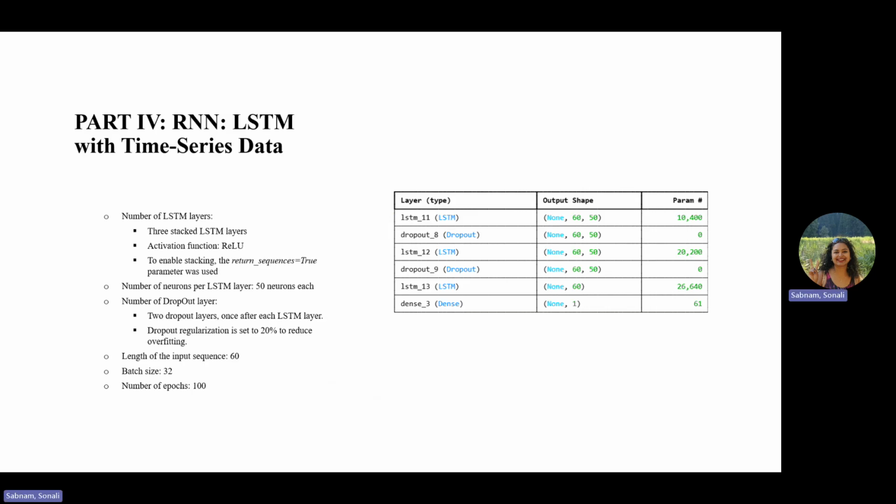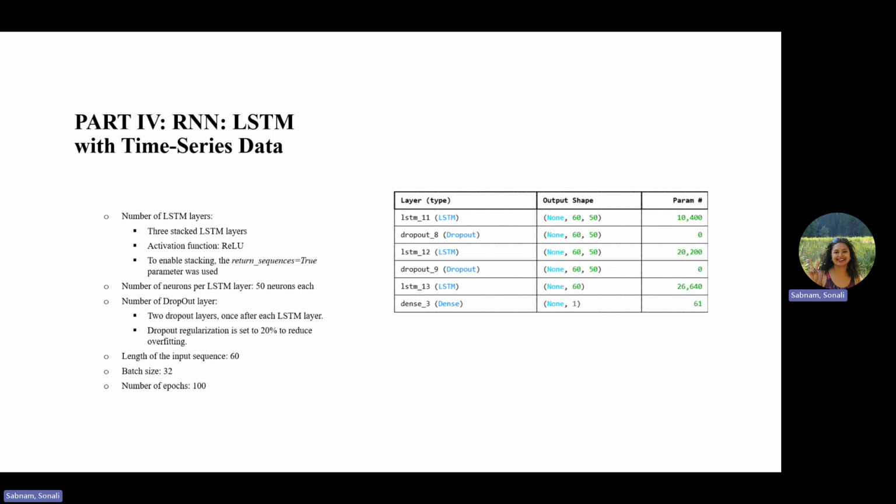In part 5, we have designed an LSTM. This slide shows the architecture and configuration of the LSTM model designed for time series data analysis. The model comprises three stacked LSTM layers, each with 50 neurons, utilizing the ReLU activation function. The return sequence is set to true, which enables stacking and ensures sequence outputs are propagated.